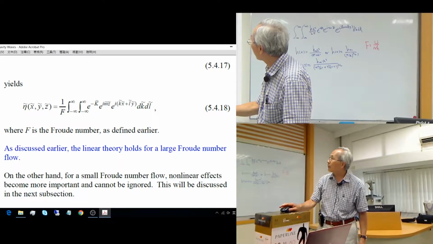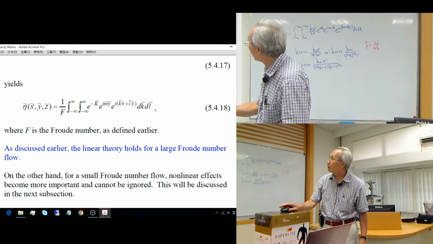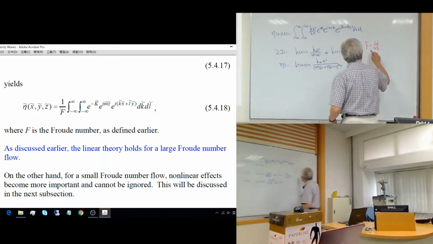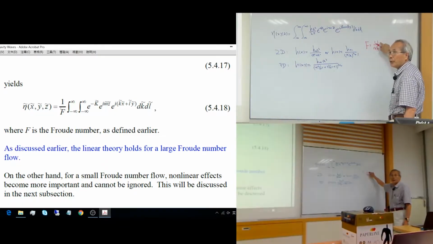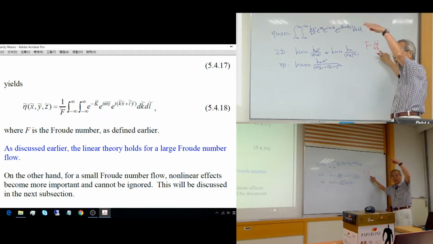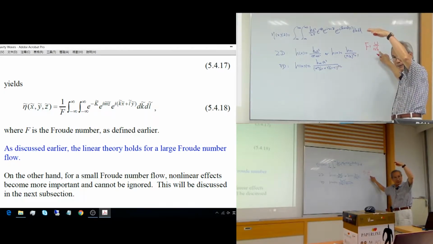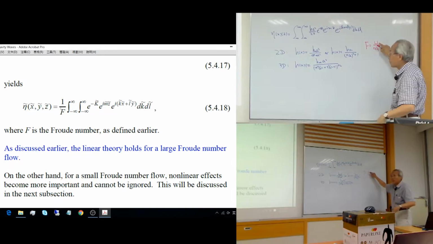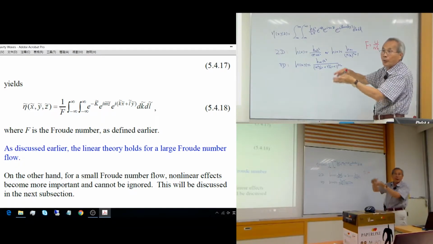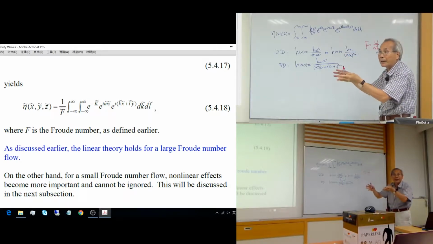This makes sense, right? Because if the flow number is small, that means U is small or h is large. That's a higher mountain, and U small means slower flow, so you don't have enough kinetic energy to climb over the mountain. So it's more nonlinear.